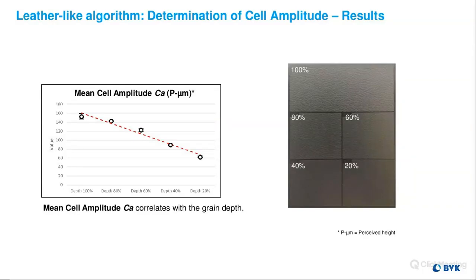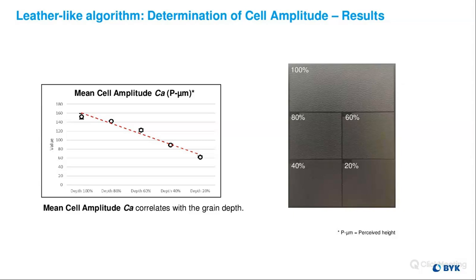And something to note here is that our measurements are done in perceived height rather than actual height. This is because you can have some cases where there's a difference in color. So if I had a black leather-like surface versus a white leather-like surface, our actual grain depths could be exactly the same, but the white sample will appear a lot shallower than the black sample based off of just the color.